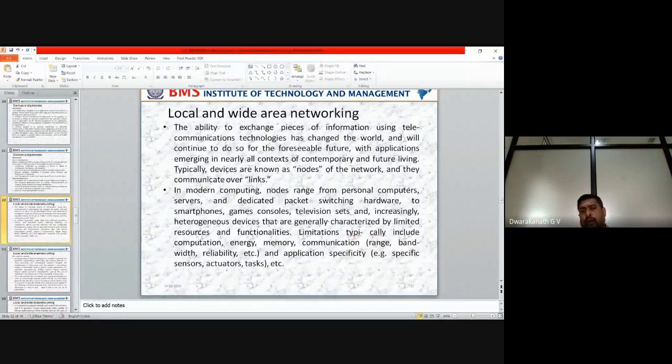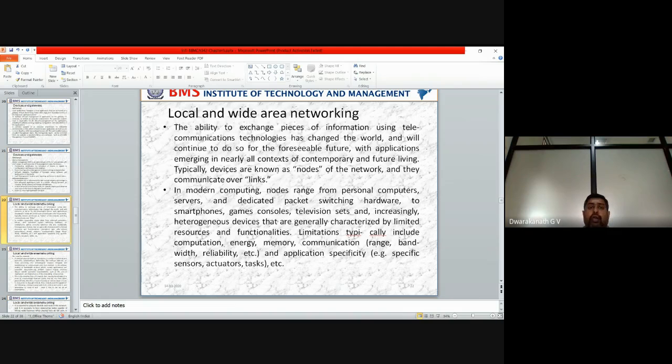To transfer from your device to those backend servers, you need a network. So the network plays a very important role as a second category. You should know about the network also when you are doing an IoT project: which type of network I should utilize for my particular project, and why I should choose this particular network.